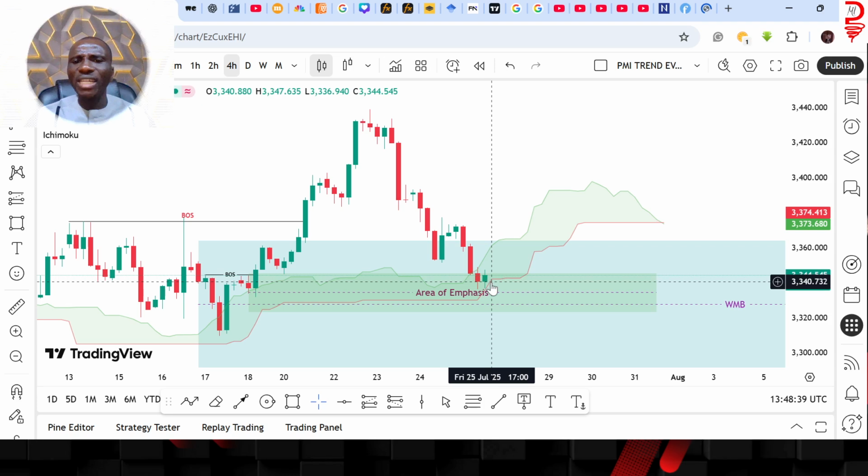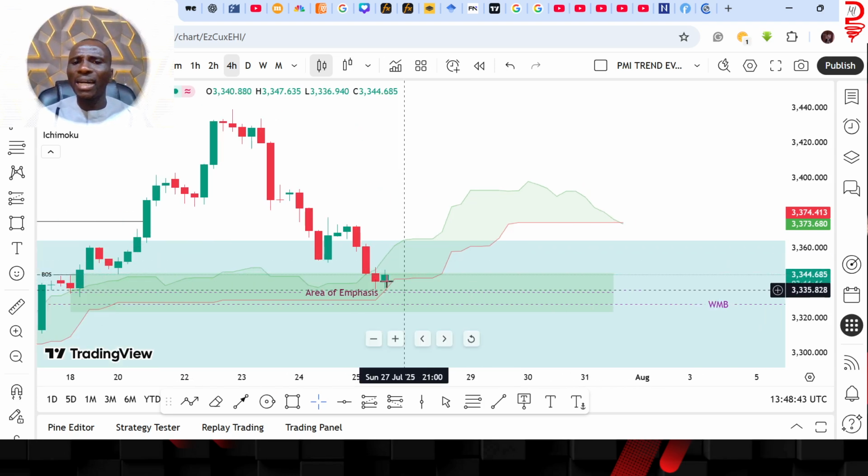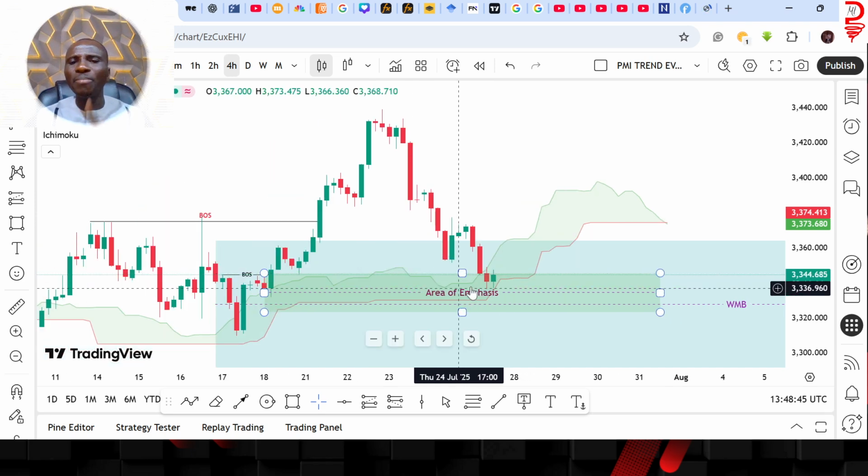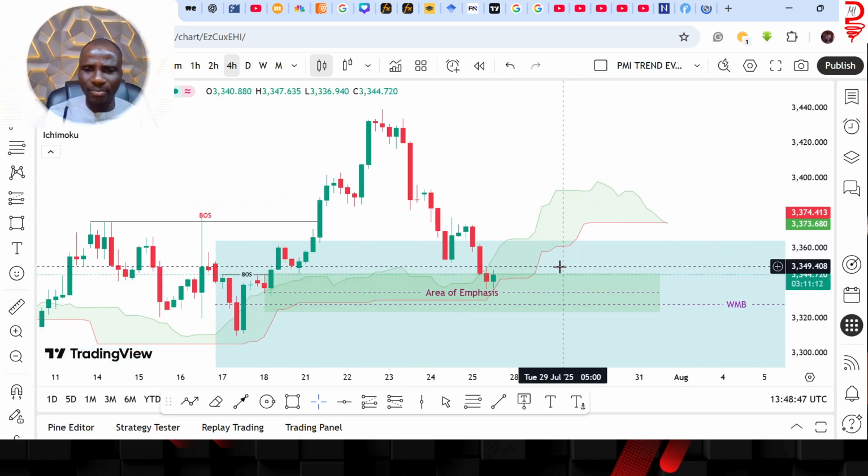Now, if this particular candle closes above this bearish candle, it means our condition is met.